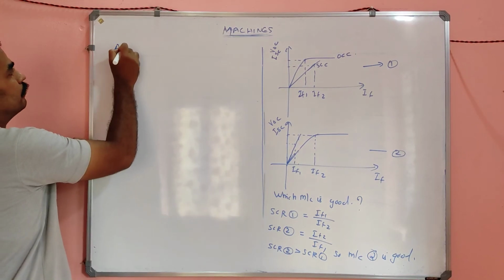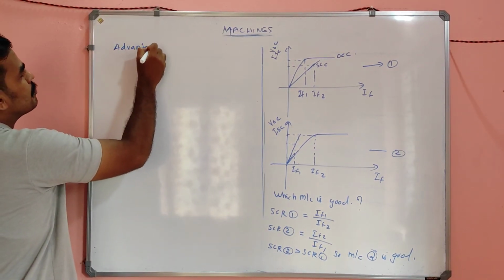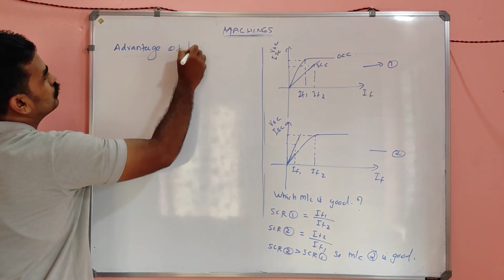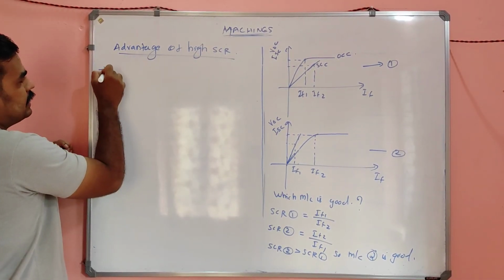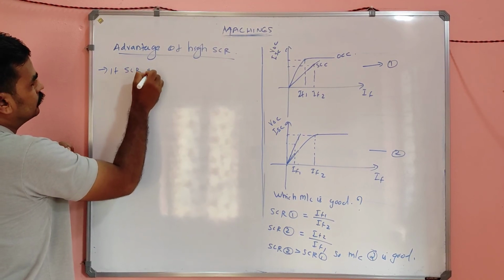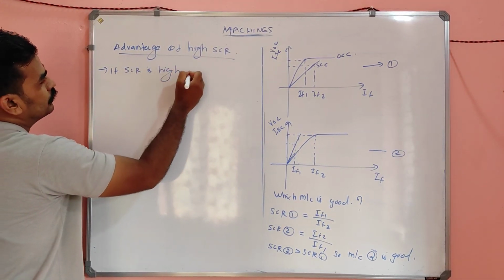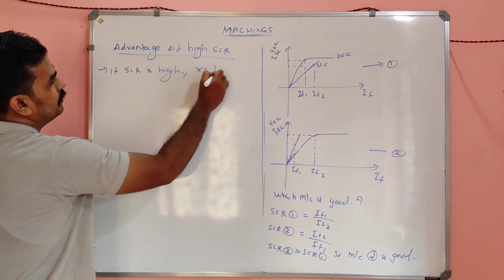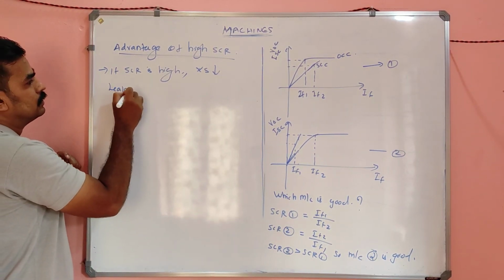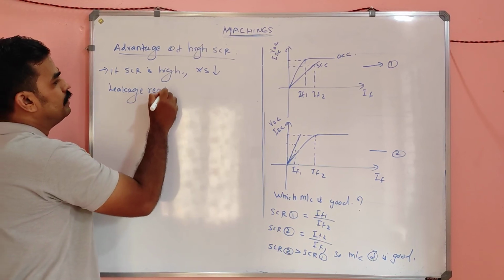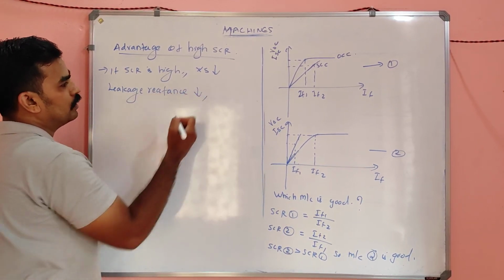Next, advantages of high SCR. If the SCR is high, XS will be lower. If XS is lower, leakage reactance will be lower, correct?